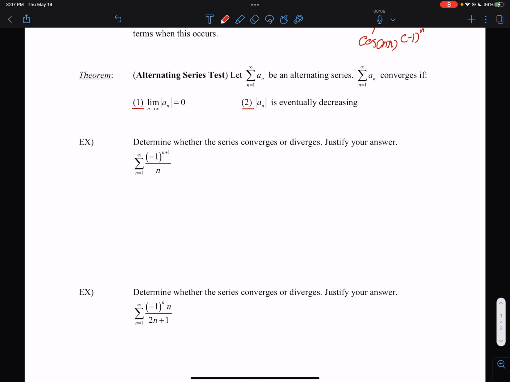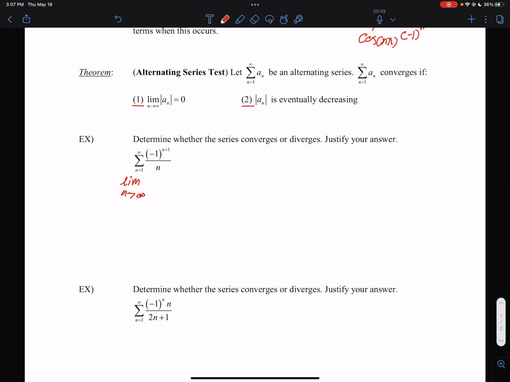Let's take a look at an example to see how this test can be applied. Take the limit as n goes to infinity of the absolute value of negative 1 to the n plus 1 divided by n.